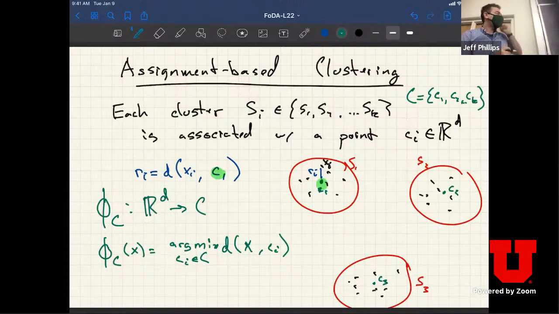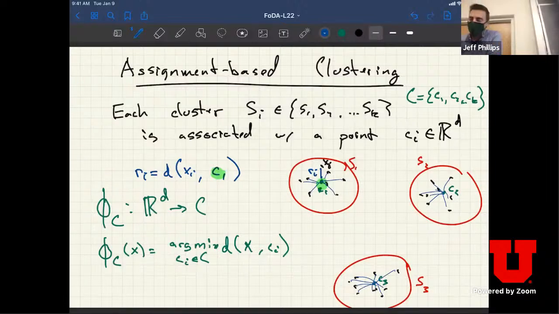We don't have that anymore. Instead, I'm mapping every point onto the closest center. Hopefully that makes a lot of sense. That's what this phi map is doing: it's mapping every point onto the closest of the centers.